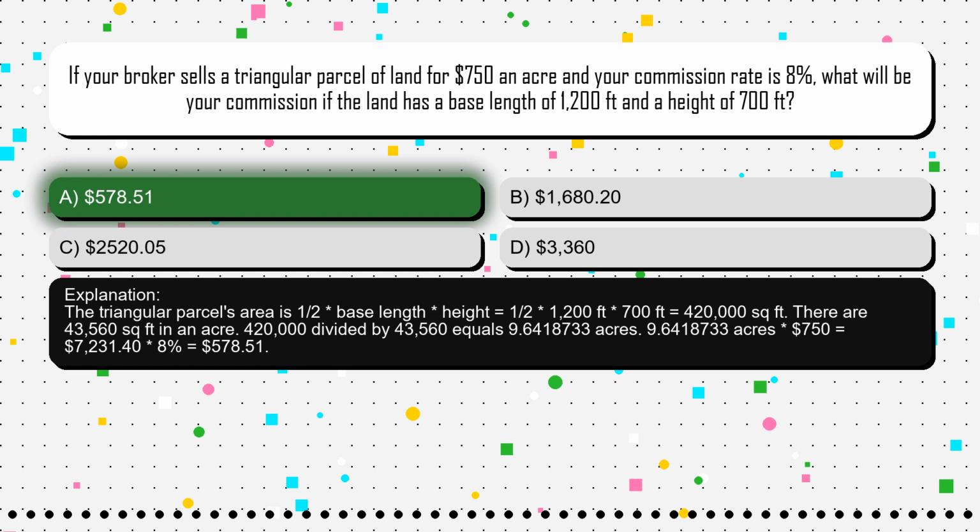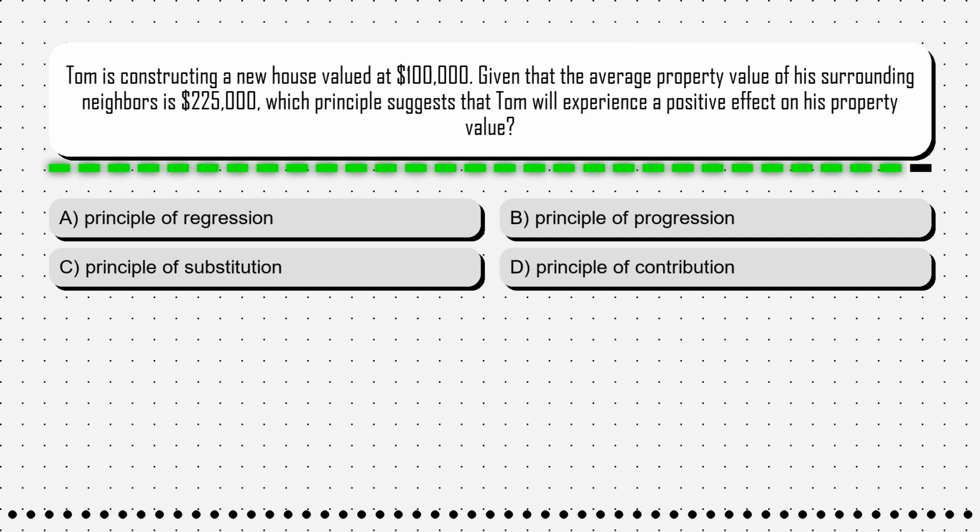There are 43,560 square feet in an acre. 420,000 divided by 43,560 equals 9.64187333 acres. 9.64187333 acres * $750 equals $7,231.40 * 8% equals $578.51. Question 8. Tom is constructing a new house valued at $100,000.